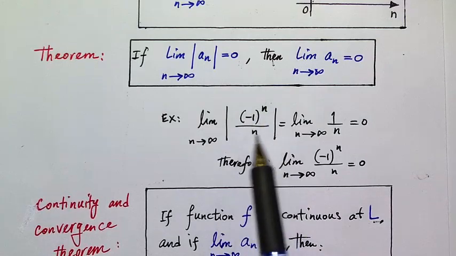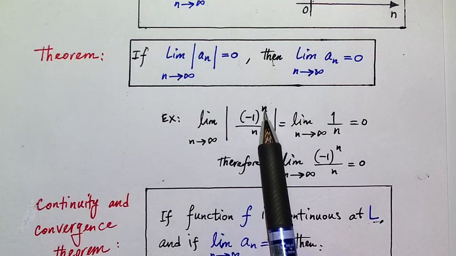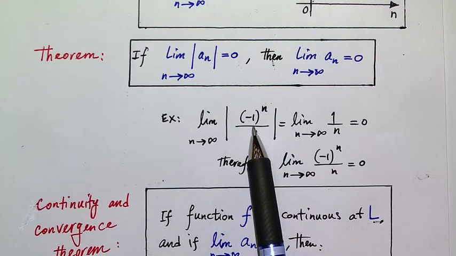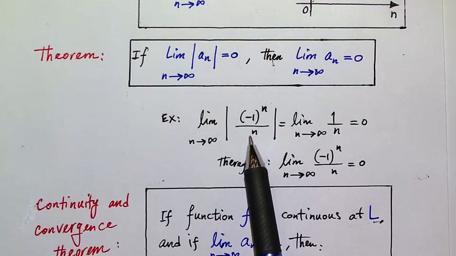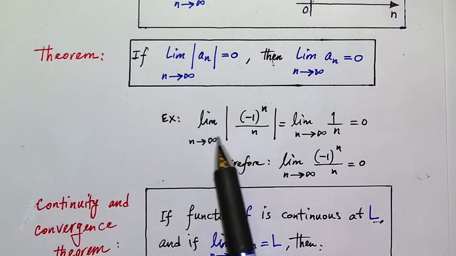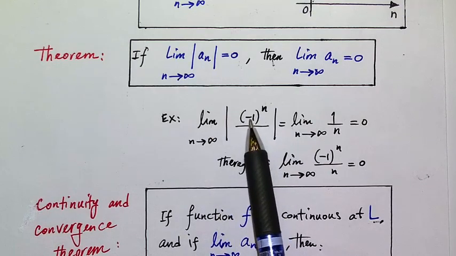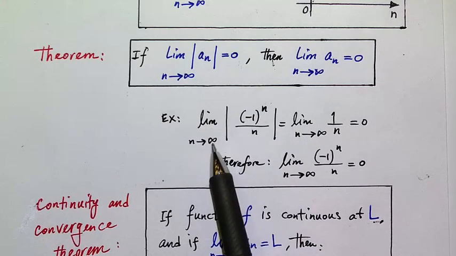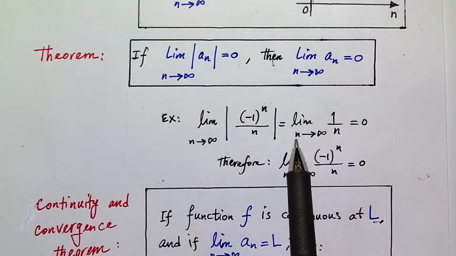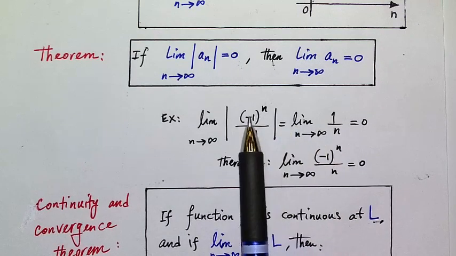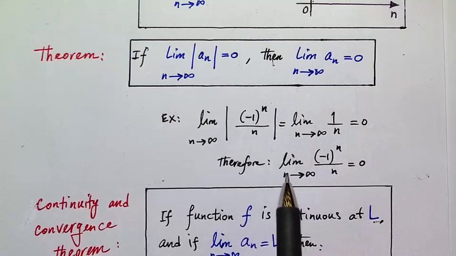So if you have a sequence like (-1) to the n power divided by n, obviously as n becomes odd or even, this -1 will change the value of the sequence. It will change the algebraic sign of the sequence, right? So if you calculate the limit of the absolute value, which means you disregard this -1, and just calculate the limit as a positive 1 over n as n approaches infinity, whatever that limit is also applies to the entire sequence.